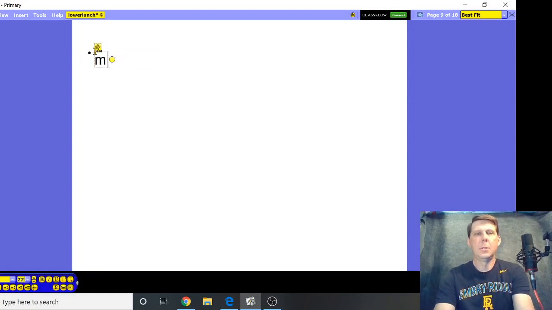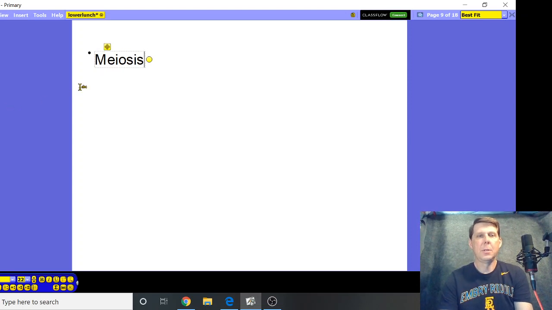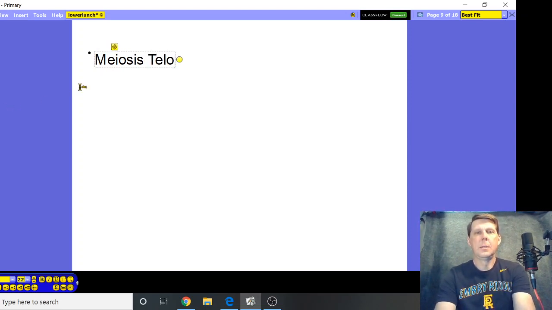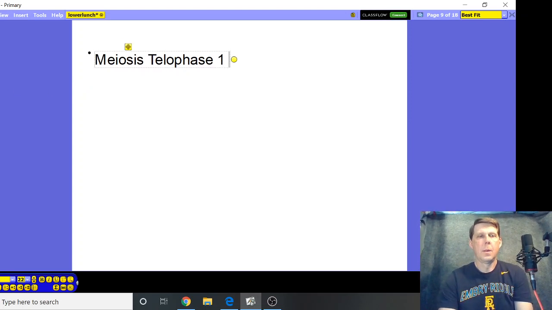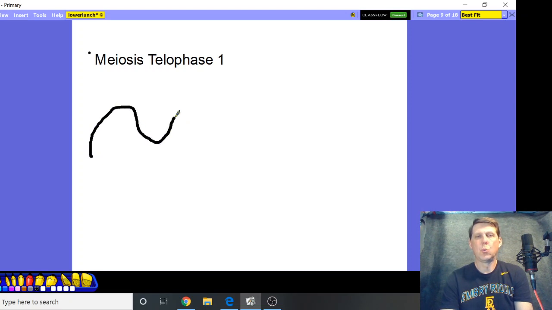All right, meiosis. We're going to have to hand draw this one. This one is telophase 1. And we need to draw a deeper cleavage furrow. Complete with sound effects.